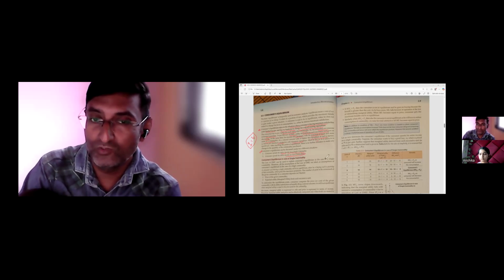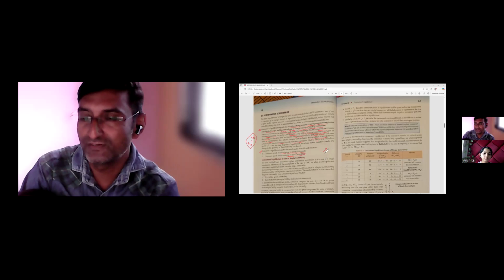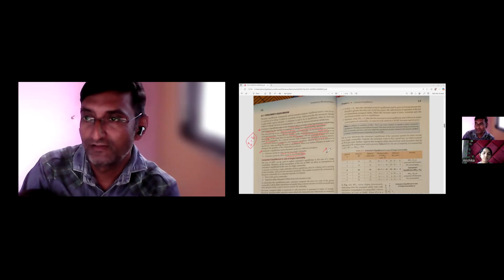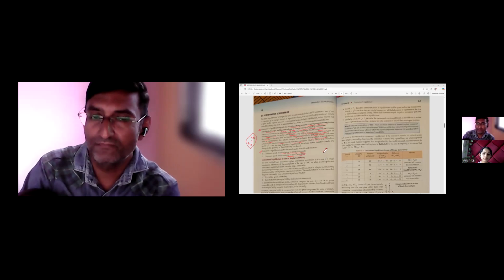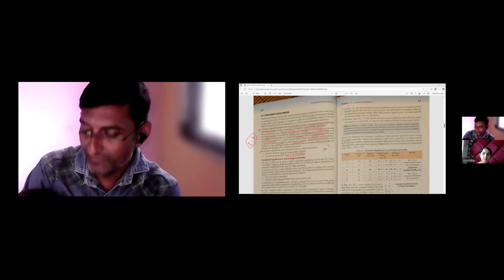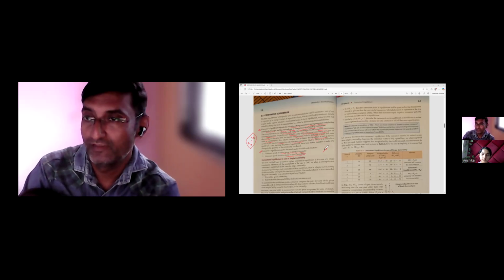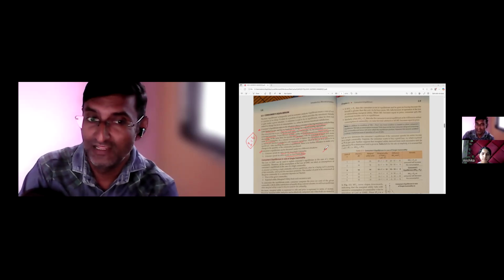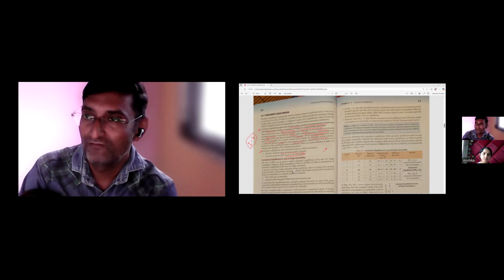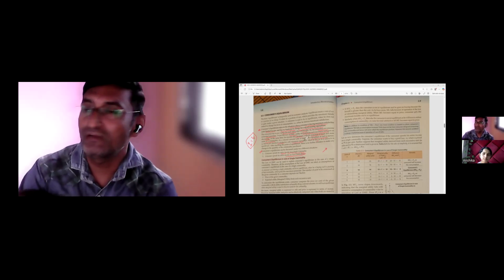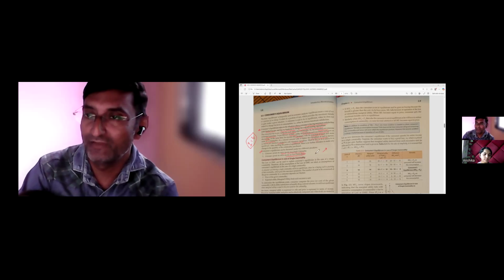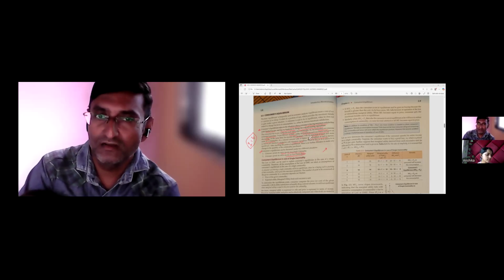One good is not giving more satisfaction, because after a certain level its MU will become zero. That is why some consumers try to buy two different commodities, so there will be no negative effect on their MU. So this is the definition of consumer equilibrium.